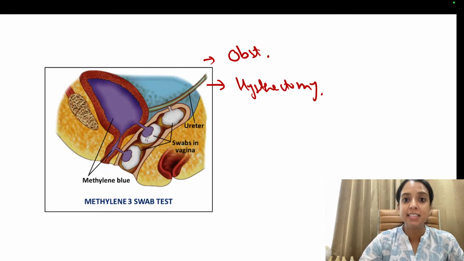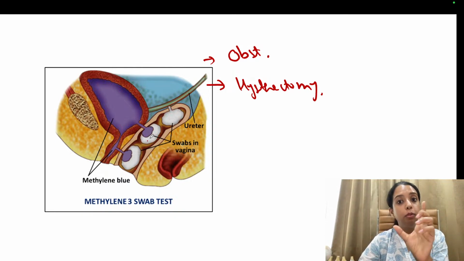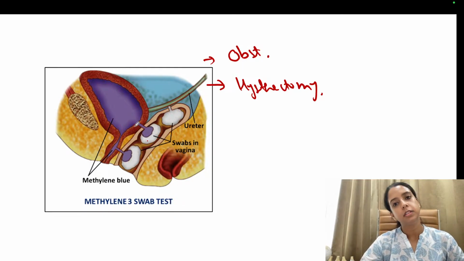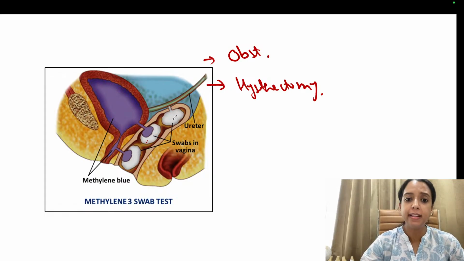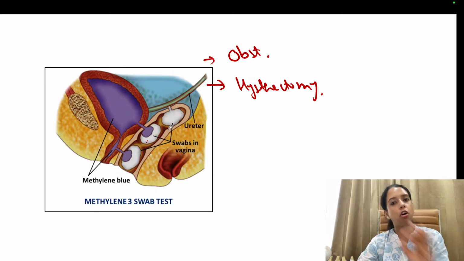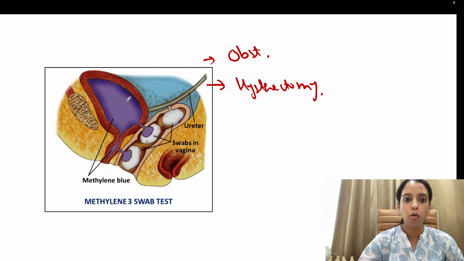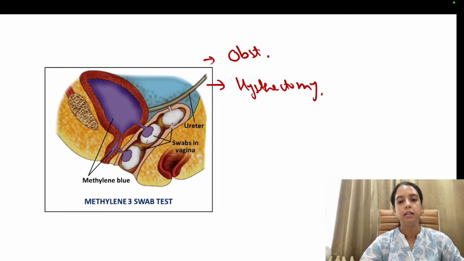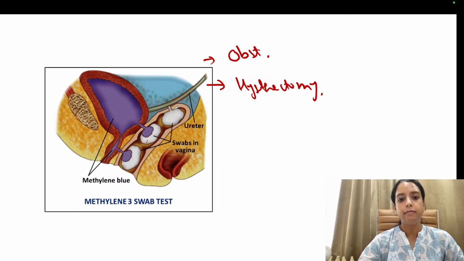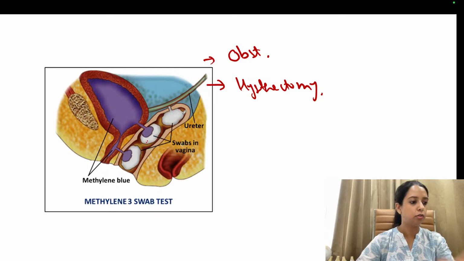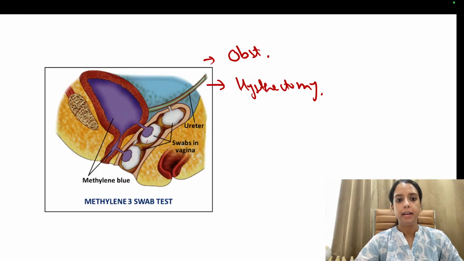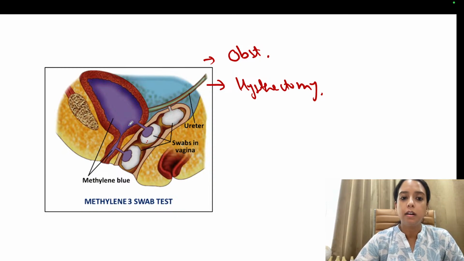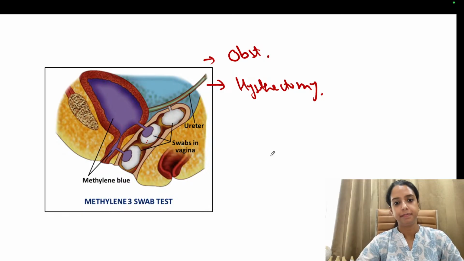If the middle swab is stained, meaning blue, it is a cysto-vaginal fistula. But when the uppermost is wet, not stained, why is it not stained? Whole bladder is filled with dye. The urine is coming from somewhere where there is no dye, the ureter. So when the swab is not stained, it is a ureteric fistula. It can be urethrovaginal, it can be cystovaginal, it can be ureterovaginal.